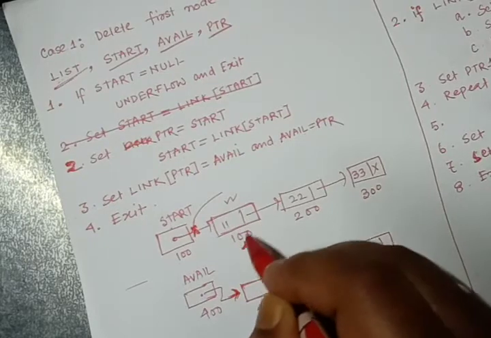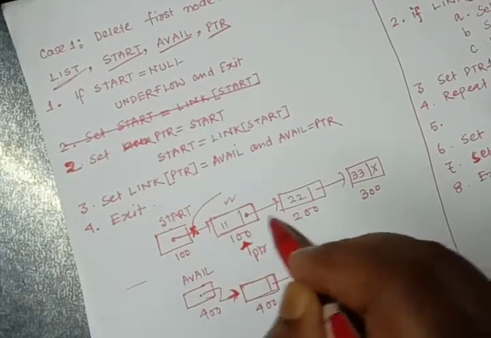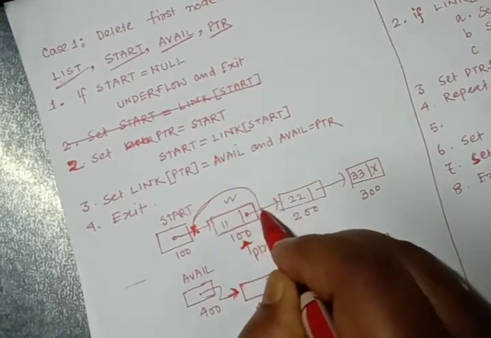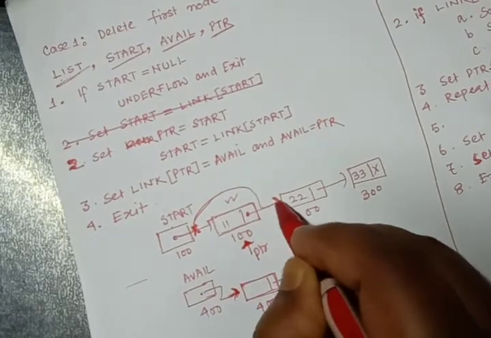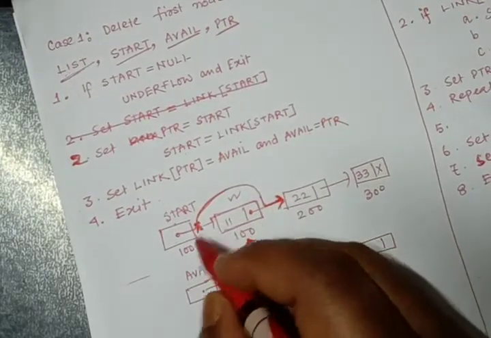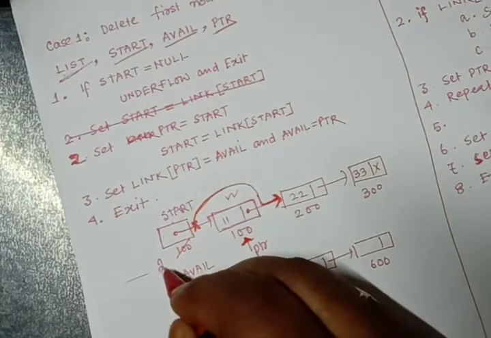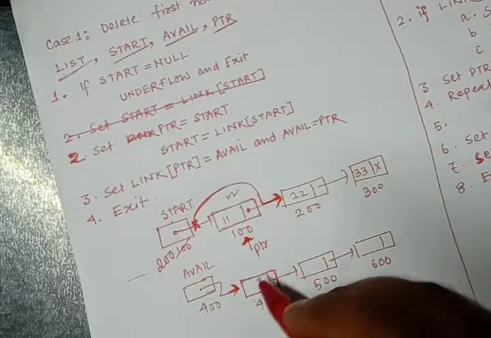Now here you see that the value of start is 100 and the link of 100 is 200. Now it points to this block, and the value of start will now change and it becomes 200, isn't it?